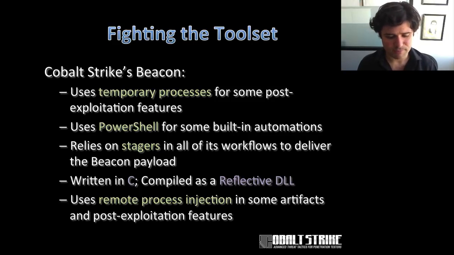What about PowerShell? Today, you might look at some automation that uses PowerShell and scoff at it and be like, why would you do that? Why would you implement that? And a lot of automation in Cobalt Strike uses PowerShell. It uses PowerShell because at one time PowerShell was a free pass.